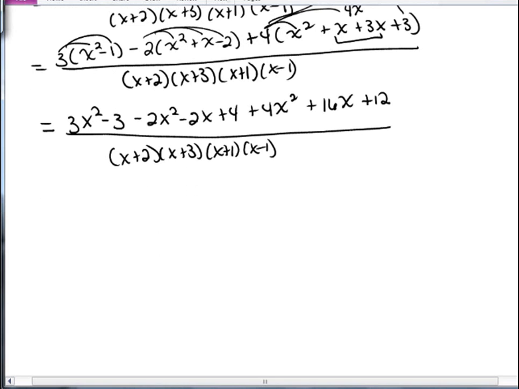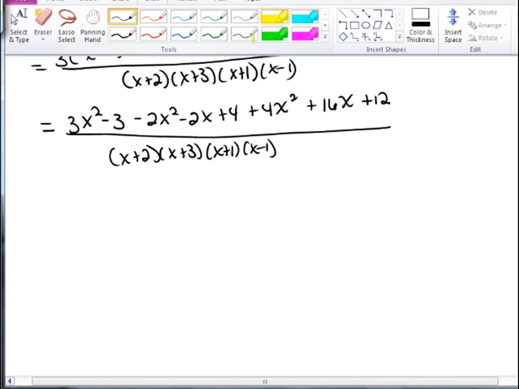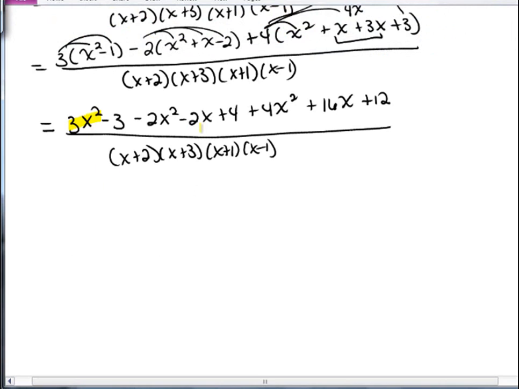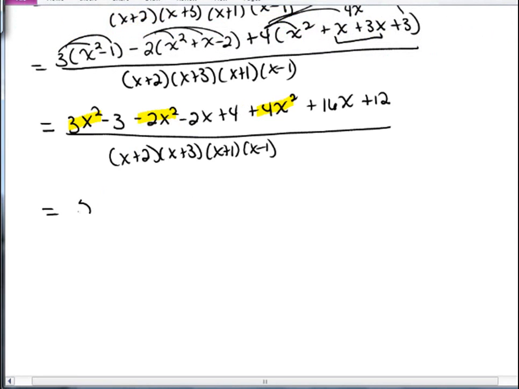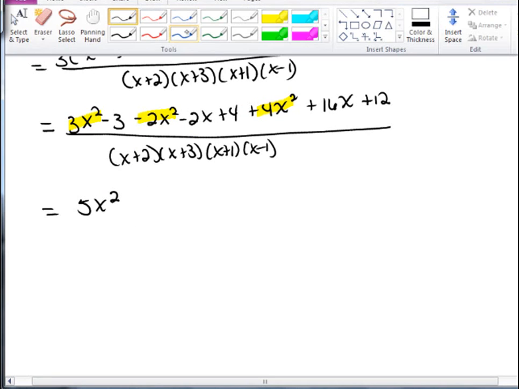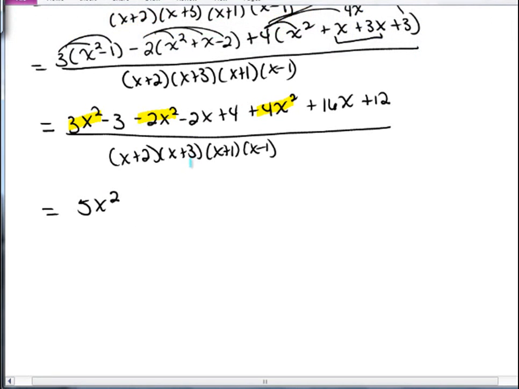Now we want to combine like terms. We have 3x squared and a negative 2x squared. That's x squared. And then plus 4x squared gives us 5x squared. Then for the x terms, we have negative 2x and a positive 16x.